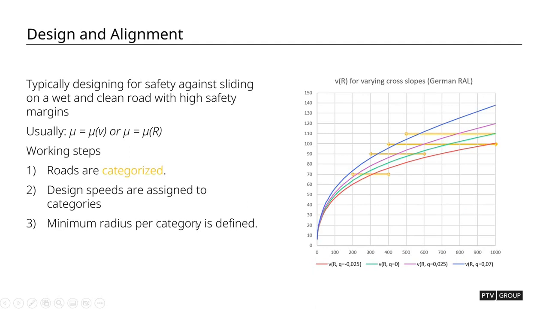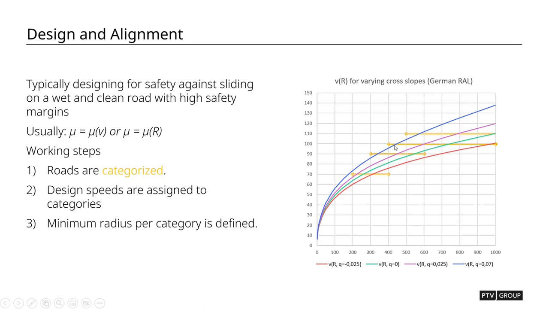And then from that dependence, friction coefficient in dependence of radius, we get these functions. And that's not all. The designers in different nations usually don't have a continuum, but a small set of road categories.